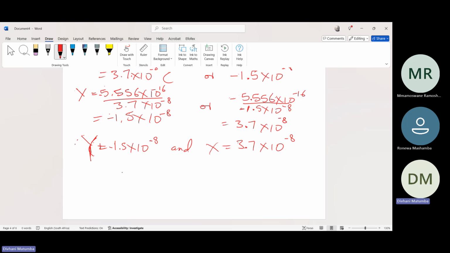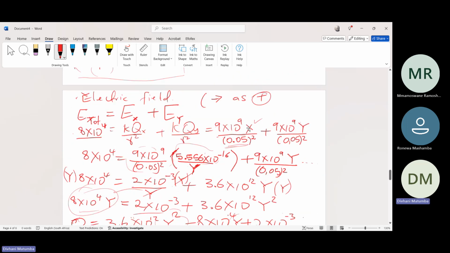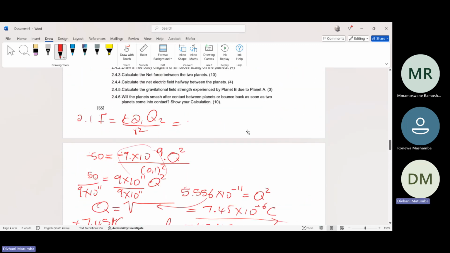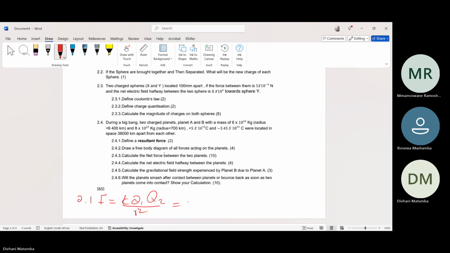What we were told is, you see where the question is. The question said the electric field halfway between two spheres is 8 times 10 to the power of 4 towards y.